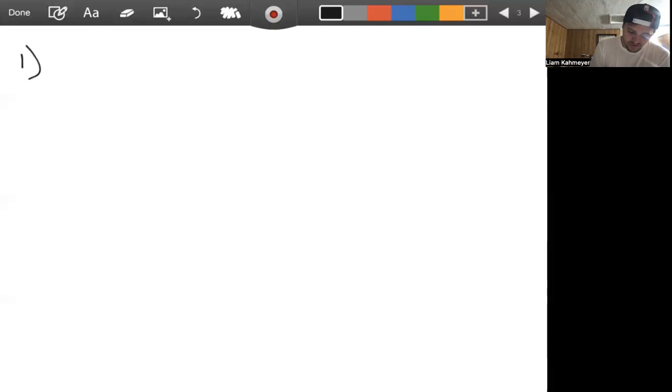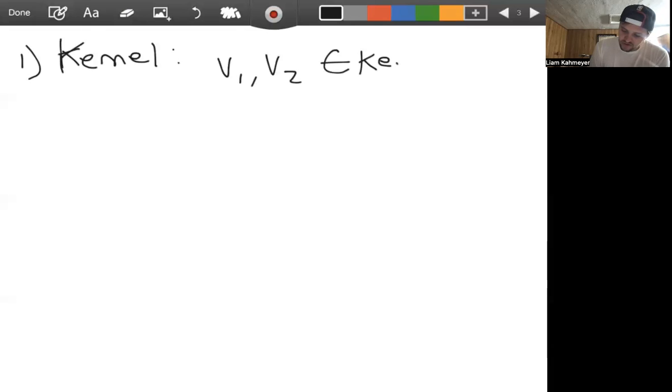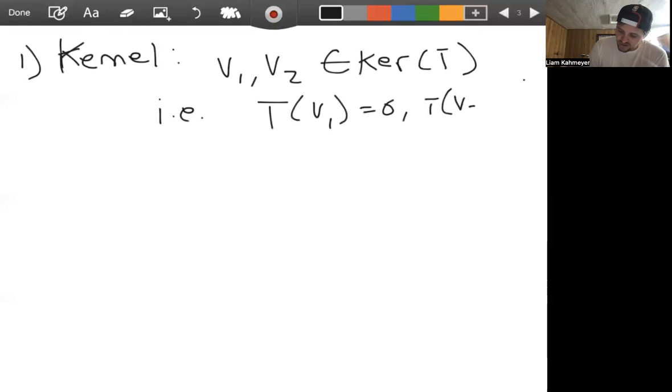So first, for the kernel, let's say v1 and v2 are two elements of the kernel of T. Well, what does that mean, right? That means that T of v1 is equal to 0, and T of v2 is equal to 0.